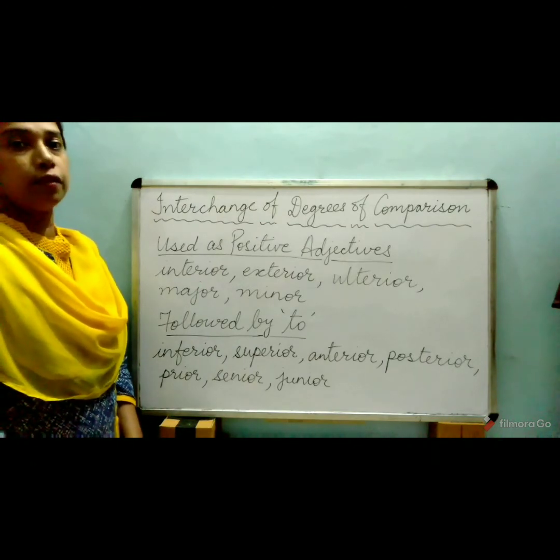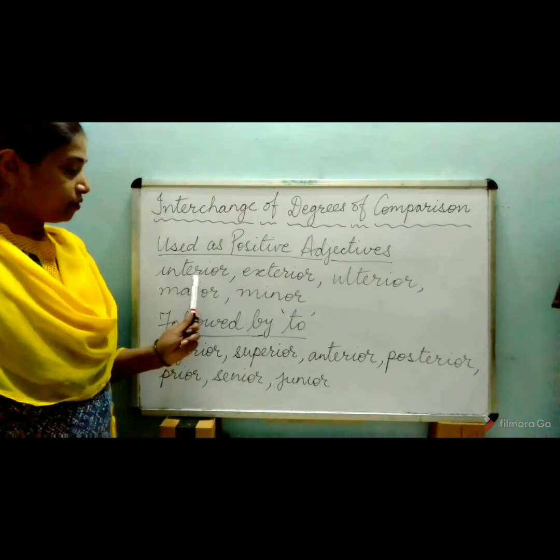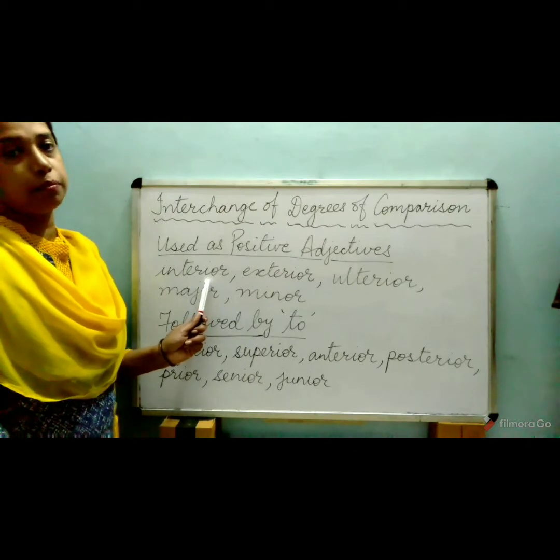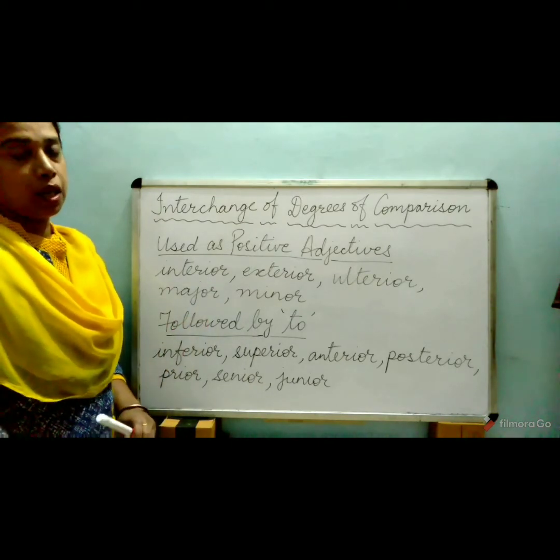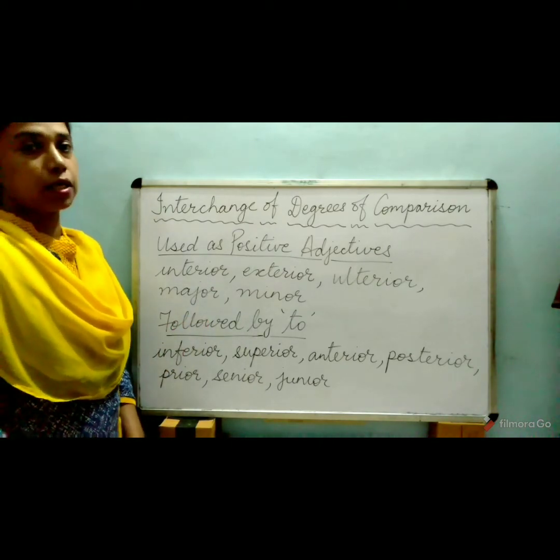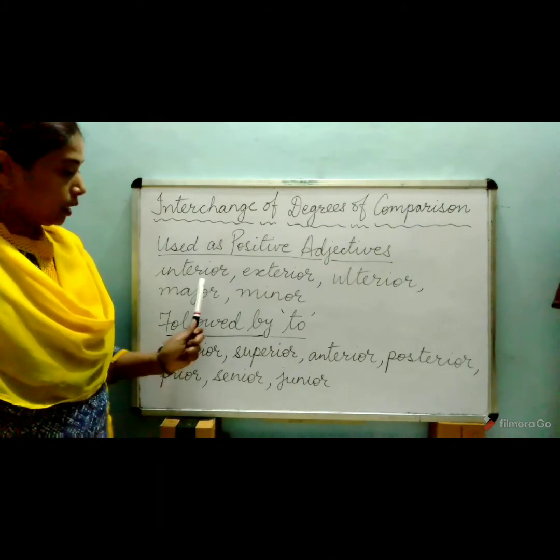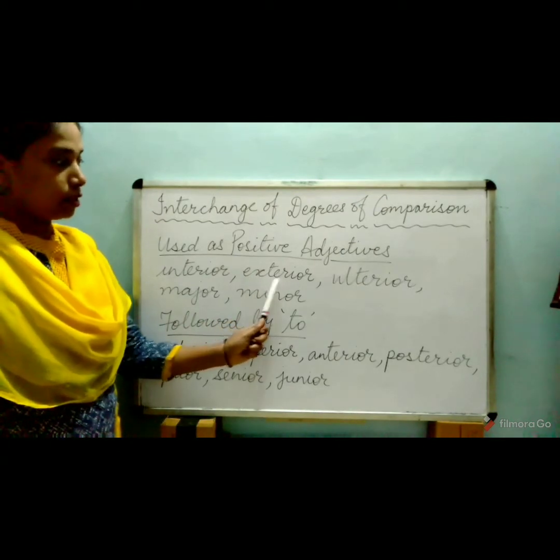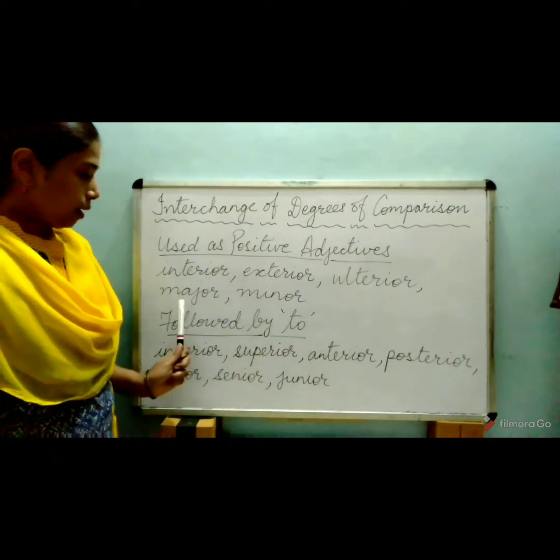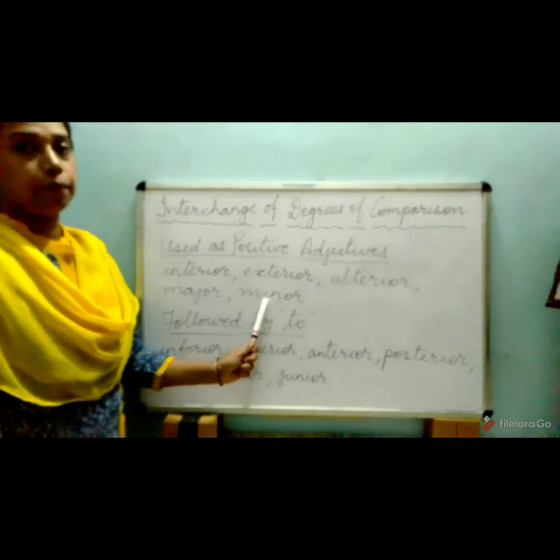Now out of those 12 words, there are 5 words which have lost their comparative meaning and are now used as positive adjectives. Those 5 words are interior, exterior, ulterior, major and minor.